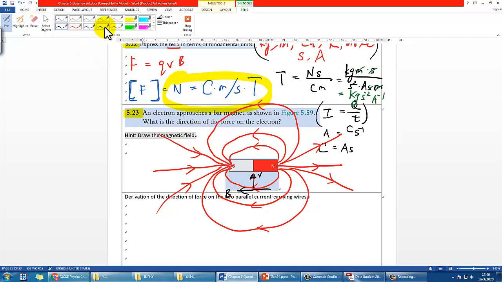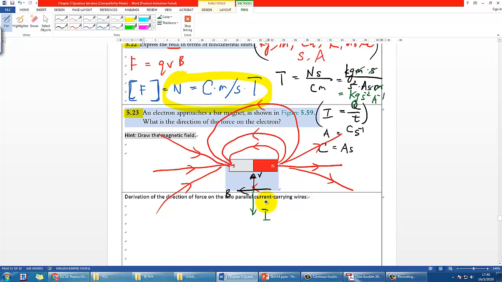If you recall once again, maybe I try to erase some of these to make it easier to see, then velocity, because this is an electron, is opposite to the current direction, so I is going this way. And since you have I and B, then you can find the direction of F. Now take out your left hand, recall the three fingers as FBI.